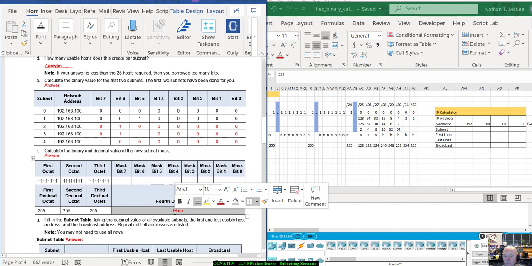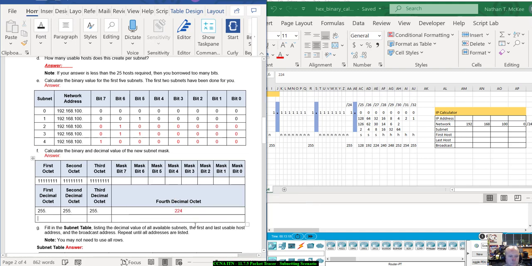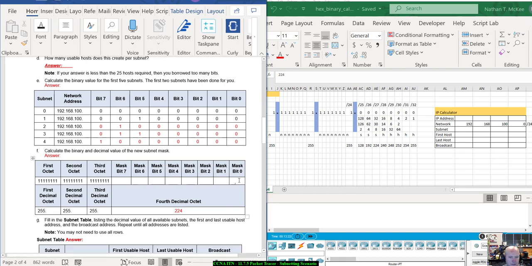It's going to be 224. Now for the actual bitwise, to make a 224 you need 1, 1, 1, then 0, 0, 0, 0, 0. Let me make sure I'm doing that right: 128, 192, 224.